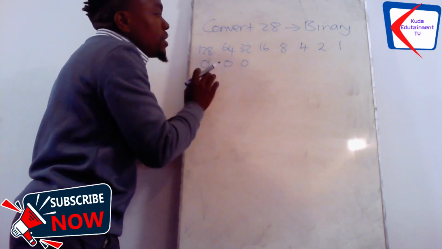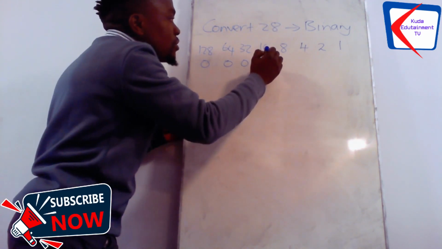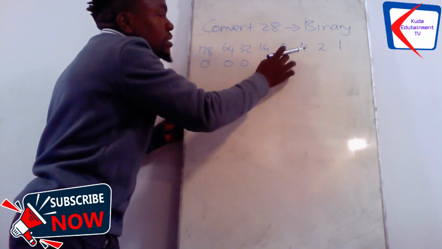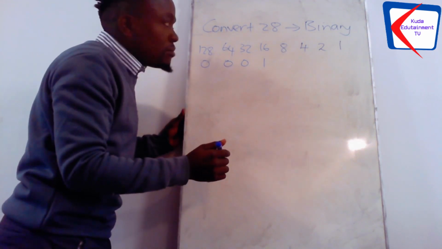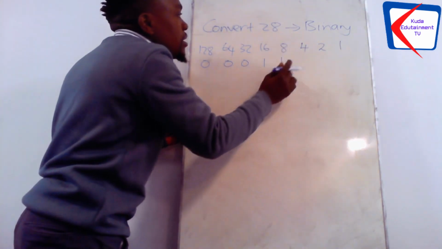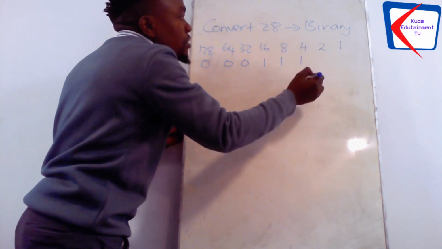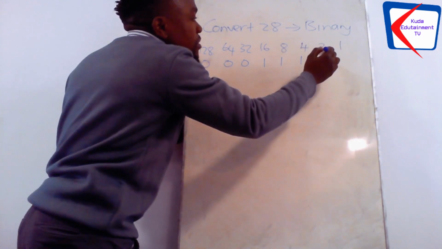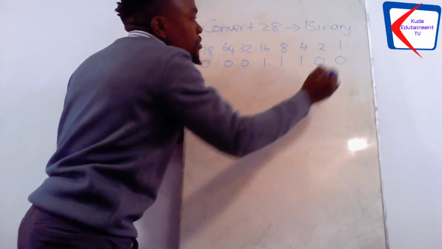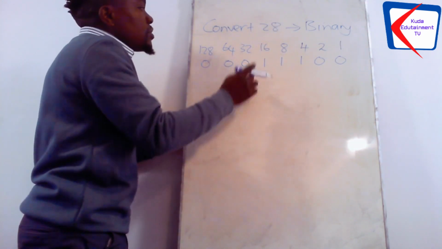By switching off, we are simply writing a 0. 16 is less than 28, we switch on. 16 plus 8 gives us 24, which is still less than 28, so we switch on. Then 24 plus 4 gives us 28, so we switch on. The remainder we switch off, because they would lead to a number greater than 28.